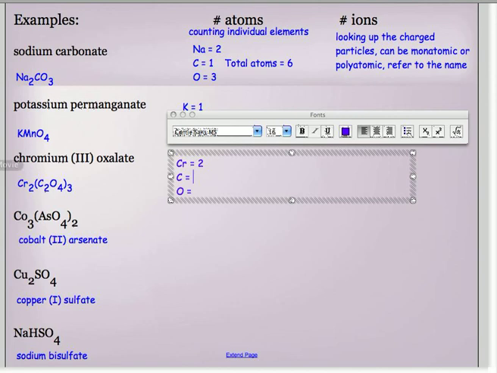If we look at carbon, we have 2, and then we have to distribute the 3 through. So mathematically, we do 2 times 3, which means there's 6. And last but not least, we have oxygen. And again, we have 4, distribute the 3, so we have 4 times 3, which is 12. And if we add them up, that gives us a total of 20.